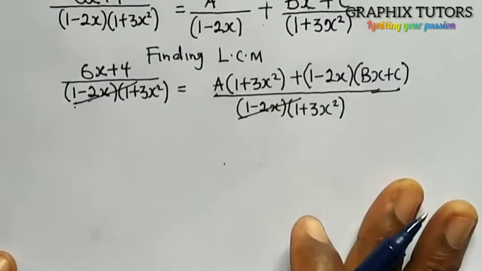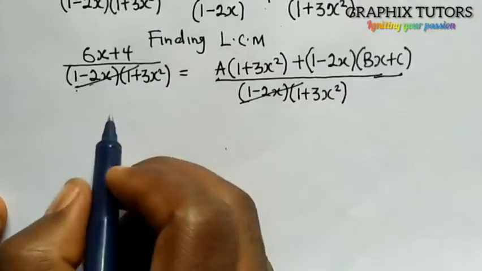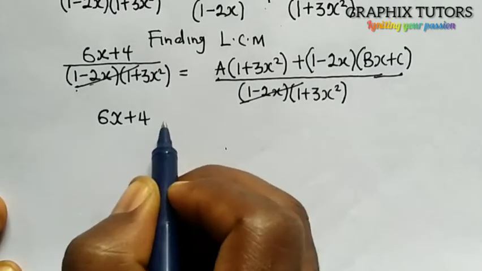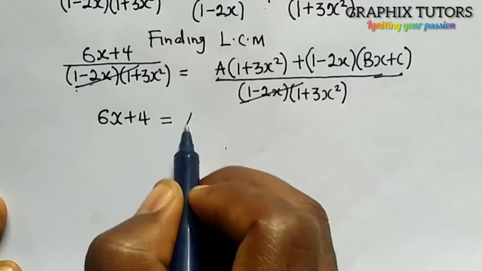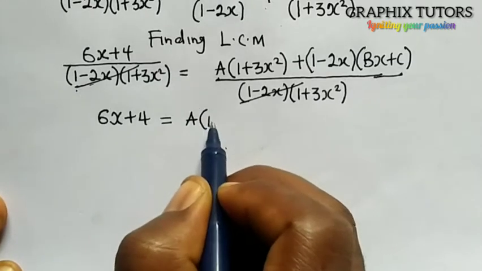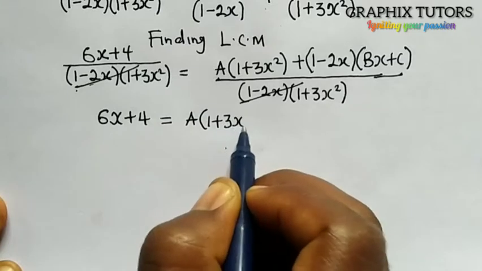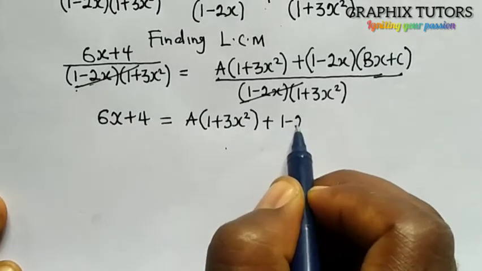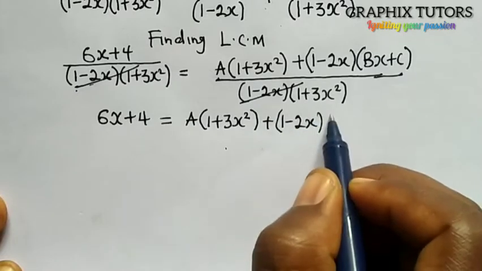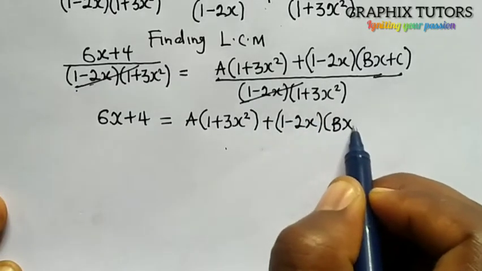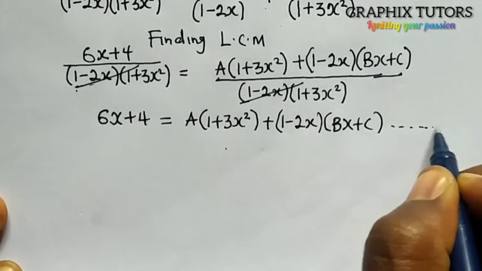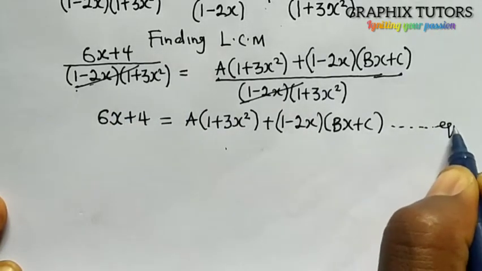So we are going to be left with 6x + 4 equals A(1 + 3x²) + (1 - 2x)(Bx + C). So we have that. I'll term it my equation 1.